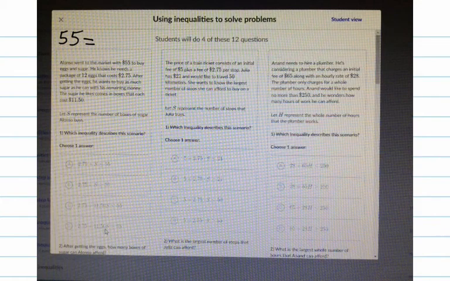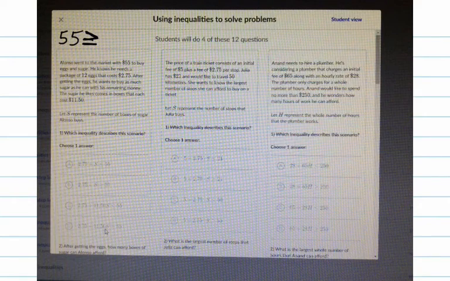So the symbol would actually be a greater than or equal to sign. You want 55 to be greater than or equal to what you actually spend. Let S represent the number of boxes of sugar Alonzo buys.